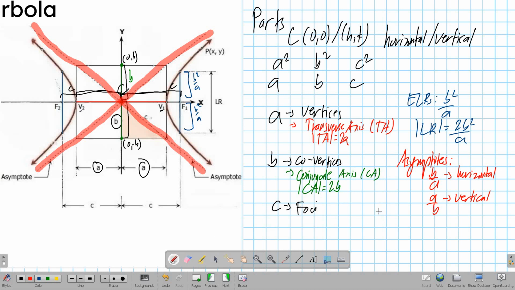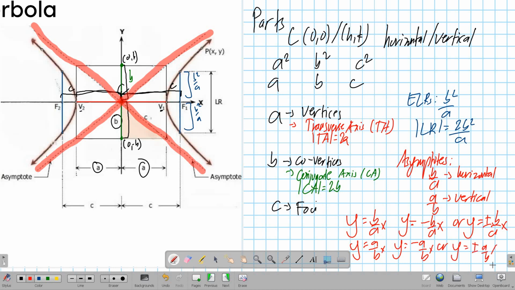For the asymptotes, we're going to get the equation. If the center is (0, 0), it's simply y equals b over a times x, one with positive slope, and one with negative slope, y equals negative b over a times x. That's why some books write it as y equals plus or minus b over a times x. If it's vertical, then it becomes y equals a over b times x, y equals negative a over b times x, or y equals plus or minus a over b times x.